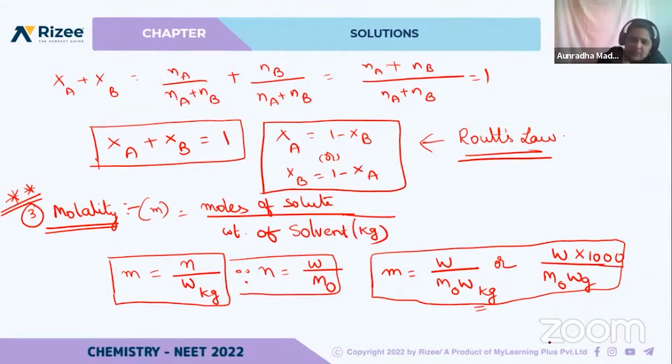If the weight of solvent is given in kgs, we can simply divide, with no need to multiply by 1000. So this is about molality.